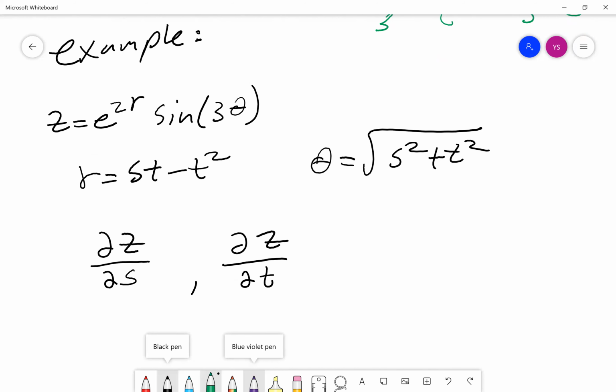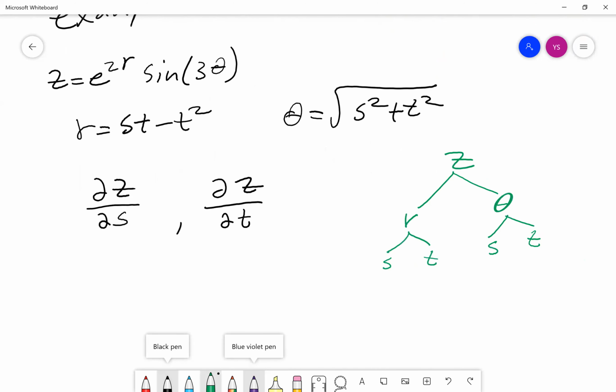So now you make your graph. z is here. It depends on r and it depends on theta. And then r depends on s and t, and theta depends on s and t. So when I want to find the partial derivative of z with respect to s, that is going to be the partial of z with respect to r.